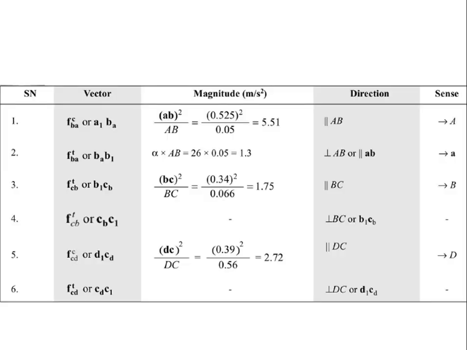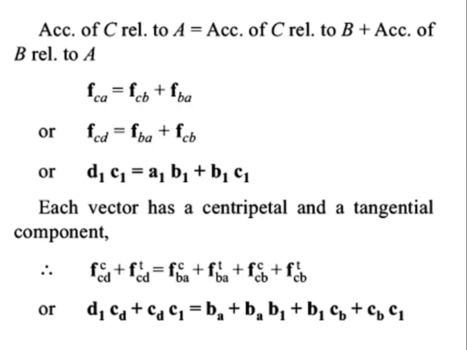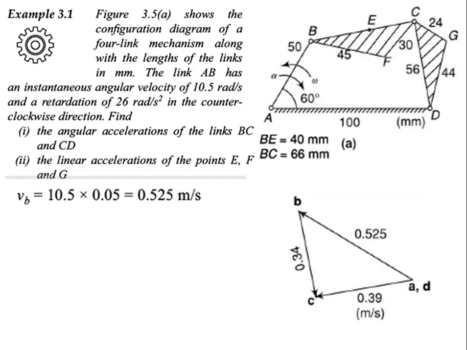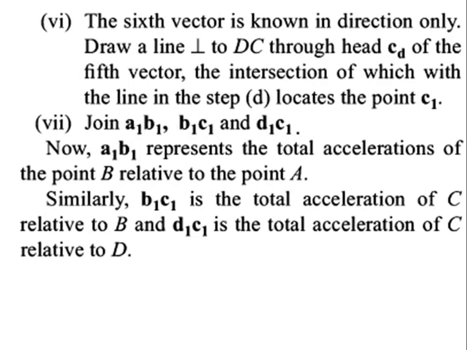So next we'll go to the next point, which is FCCD. That can be taken as DC square by DC, so that is 2.72, and it is parallel to DC. So 2.72 parallel to DC. Take DC, its length is like this, so parallel to this.